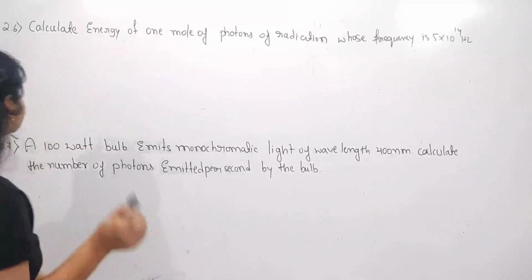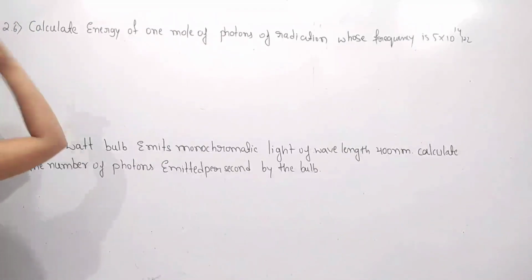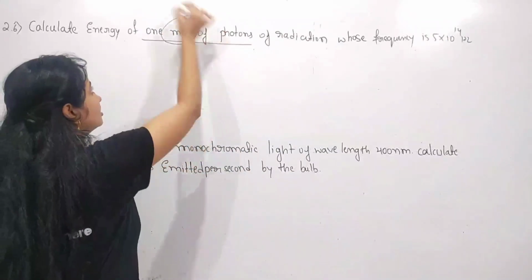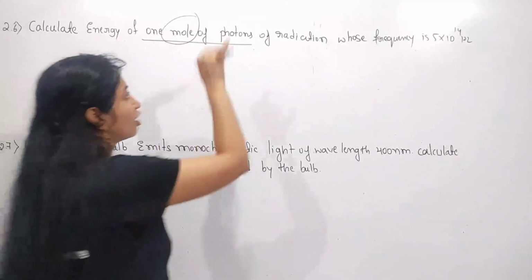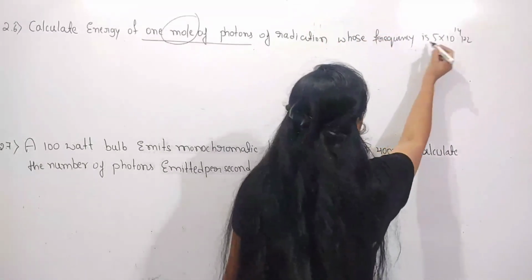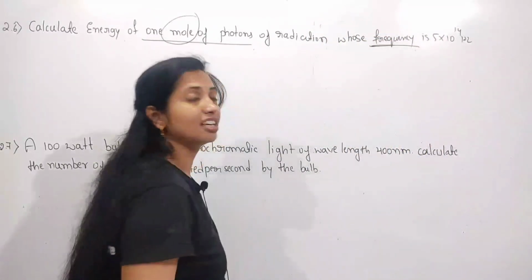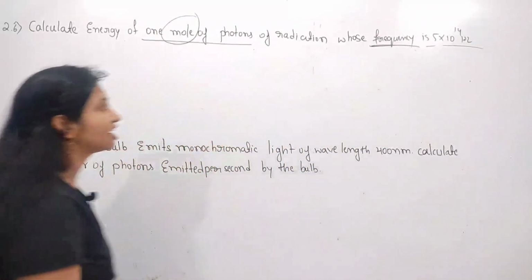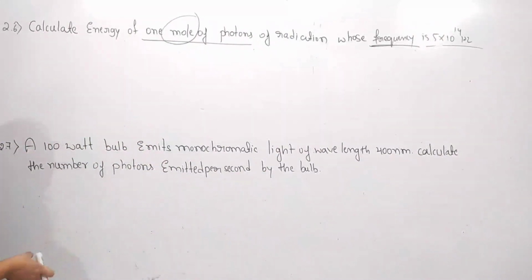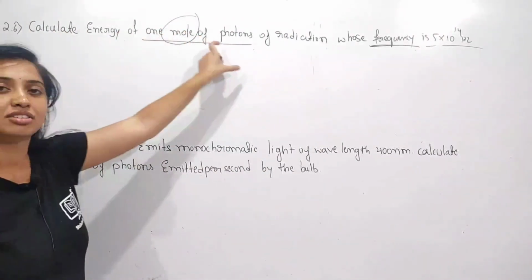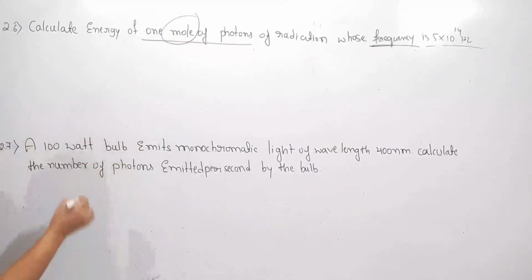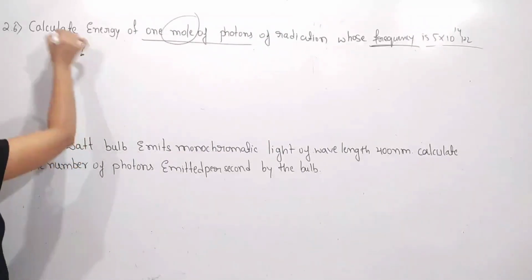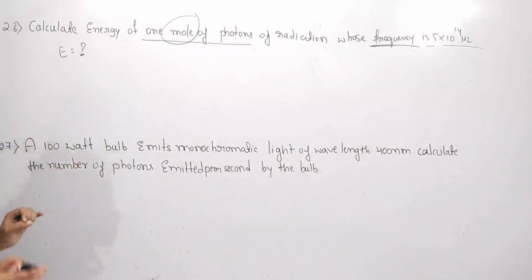See here, our first problem is: calculate the energy of 1 mole of photons of radiation whose frequency is 5 × 10^14 hertz. What are they asking and what are they giving us? They ask us to calculate the energy, E equals question mark.